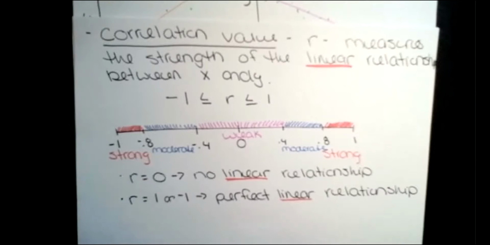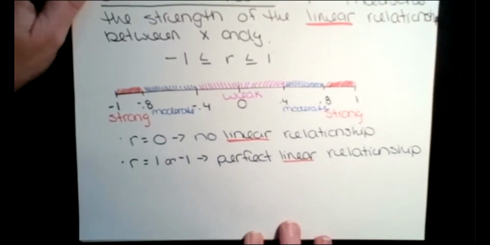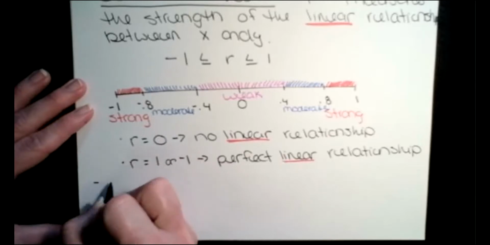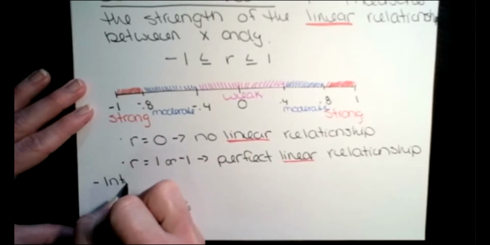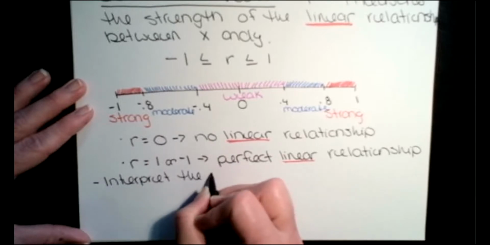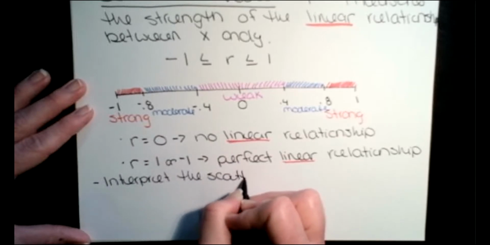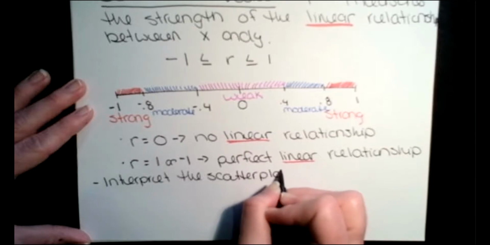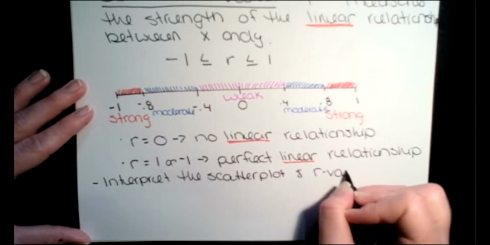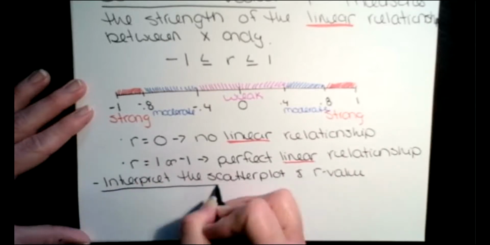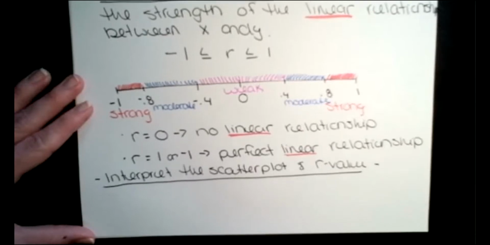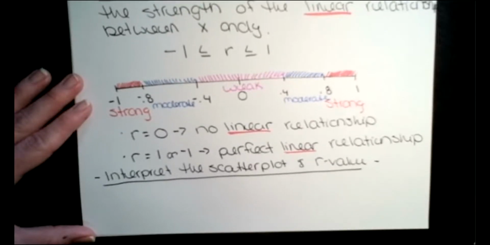Not a nonlinear relationship. So here, to interpret the scatter plot and R value, we want to talk about the strength and direction of our linear relationship.